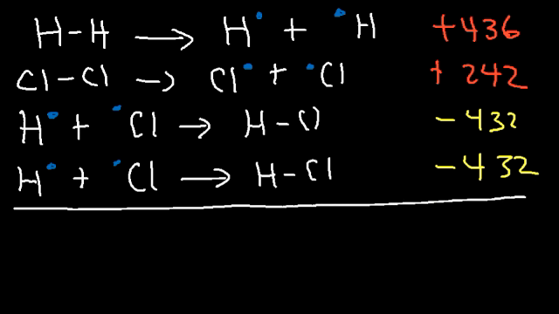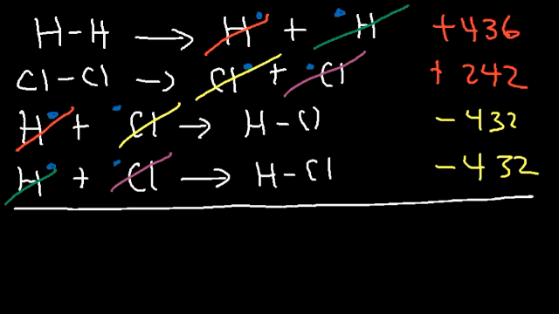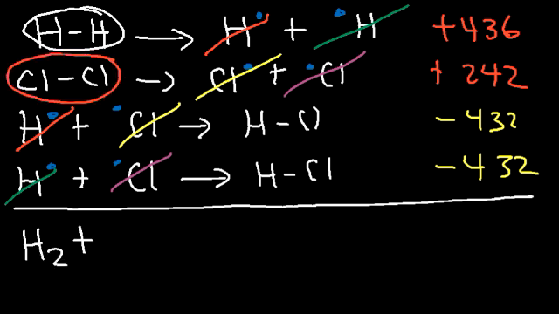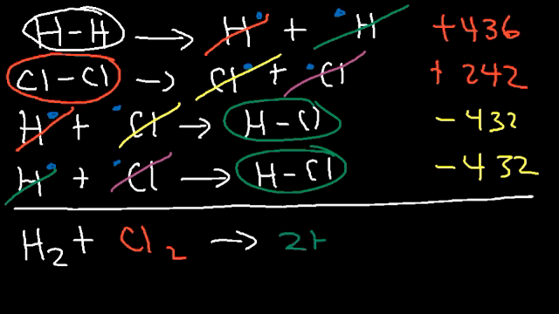So let's add these reactions. To add these reactions, let's do some canceling. We can cancel the hydrogen radicals, and we can cancel these 2. We can also cancel a chlorine radical as well. So what we have left over is H2 on the left side plus Cl2, and we have 2 HCl molecules, which is the net reaction.